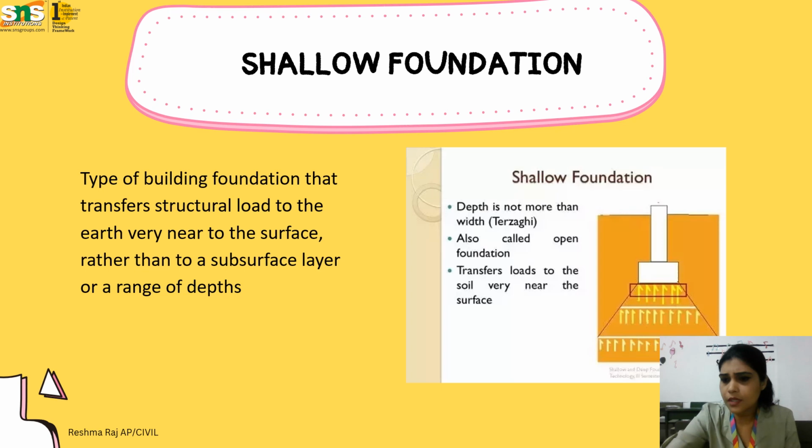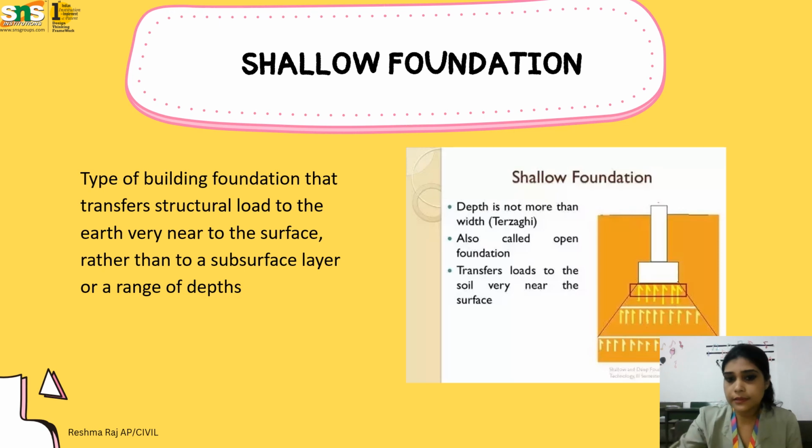When we go to the construction part, shallow foundations are relatively easy to construct, and the main advantage is that they are cost effective compared to deep foundation. Shallow foundation typically involves excavating a trench, pouring the concrete into the trench to create the footing, and then constructing the superstructure on top of the footing. These are the normal regular steps we follow for shallow foundation.